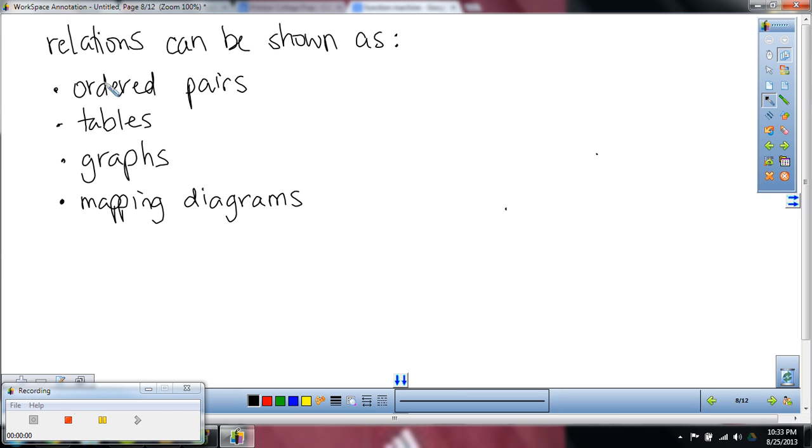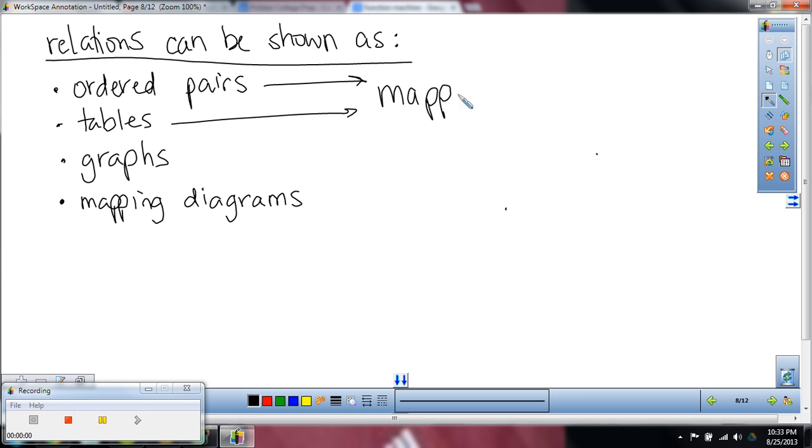So moving on, we already discussed that relations can be shown in these 4 ways. They can be shown as ordered pairs, tables, graphs, or mapping diagrams. Now, in order to determine whether these 4 things are functions or not, we really only need to know how to do 2 things. To determine whether an ordered pair or a table is a function, we need to use a mapping diagram, because this is the clearest way for us to see whether it's a function or not.